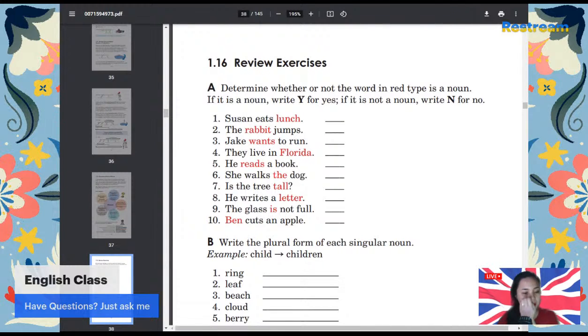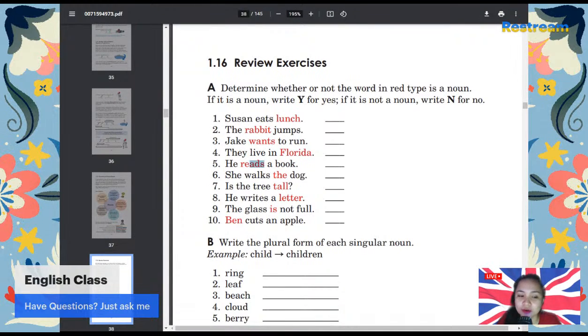Okay. Number five, he reads a book. So we have here the word reads. Is reads a noun? Yes or no? Oh, sorry, no. I got confused.